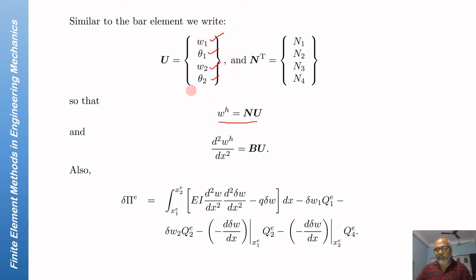So it's connecting all of them. So it's a kind of a generalized displacement connecting them to the vertical displacement at one point, and then del square WH del x square, d square WH dx square, gives you the strain in this case, and this is connected to u, the nodal displacements, through the strain displacement matrix.